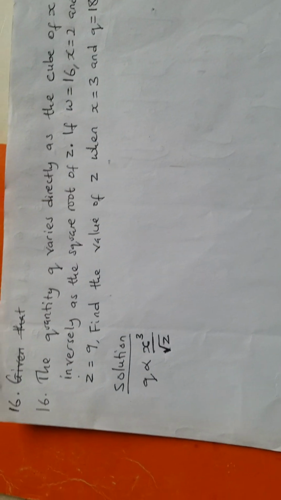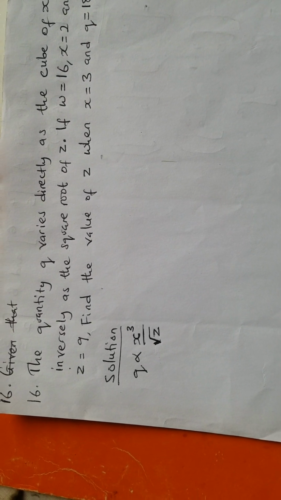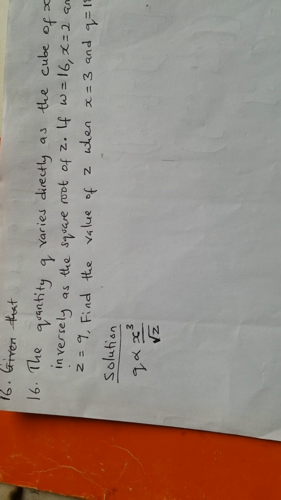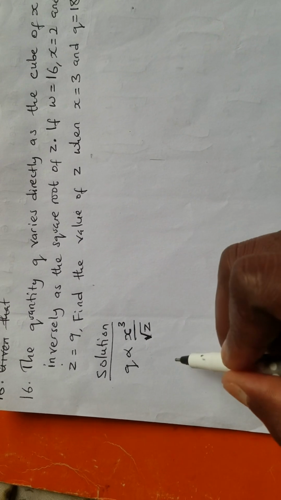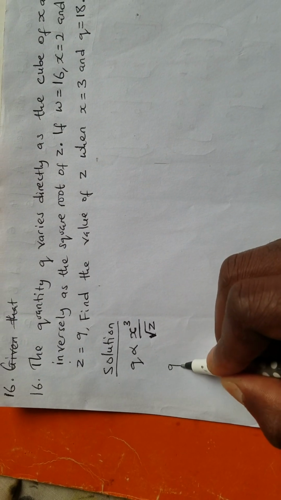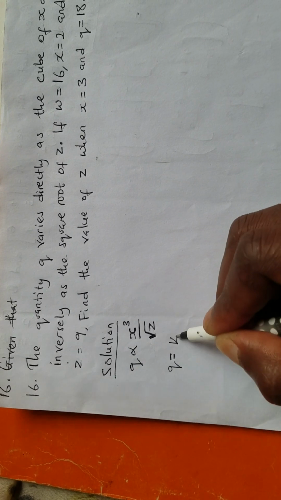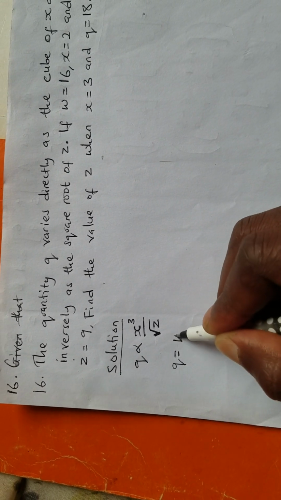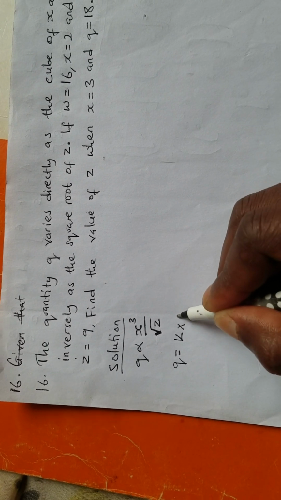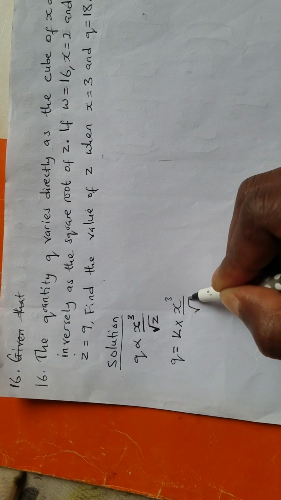Now, first of all, we have to formulate a formula for this variation. If we change this variation and put an equal sign, we introduce a constant, and this constant will multiply cube of x over square root of z.